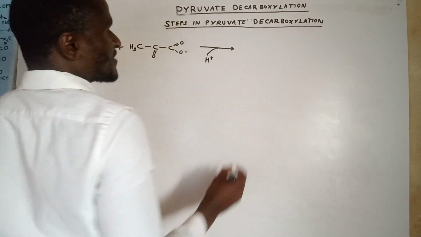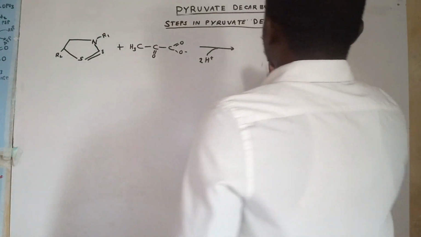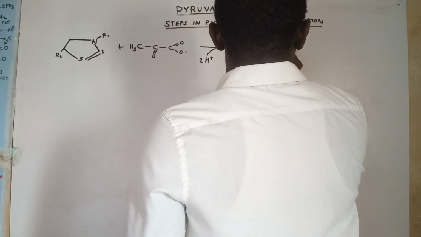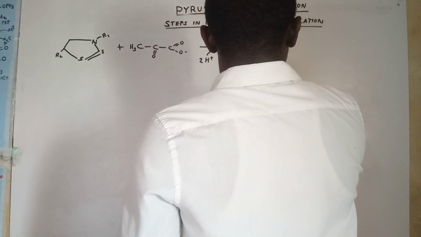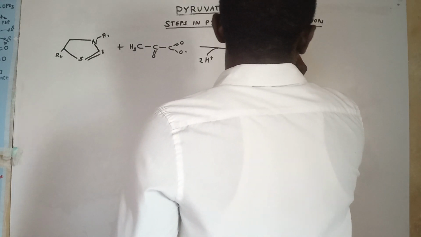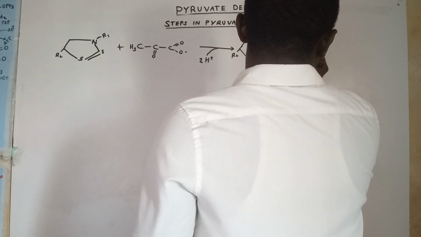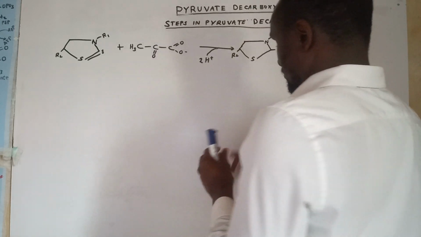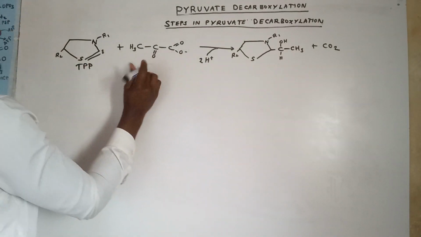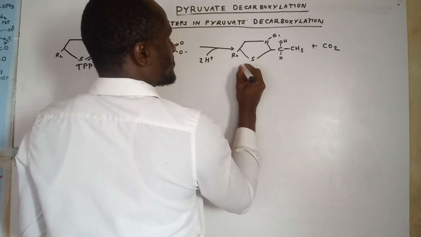This is done in the presence of acidic conditions. So when our TPP, thiamine pyrophosphate, reacts with pyruvate, it forms hydroxyethyl TPP.